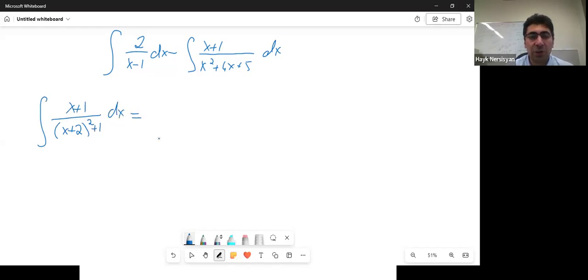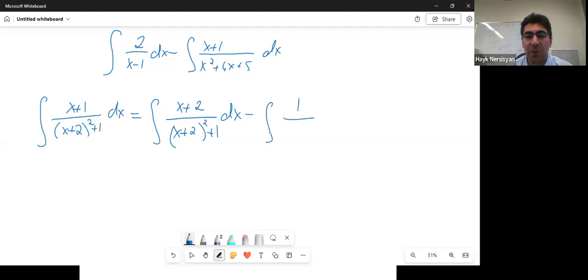So the integral can be split into two parts, x plus 2 divided by x plus 2 squared plus 1 dx, and plus another integral minus 1 divided by x plus 2 squared plus 1 dx. If you wish, guys, before this split, you can do x plus 2 equals to u substitution. It's fine also.